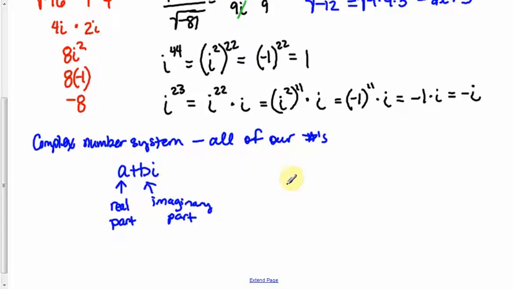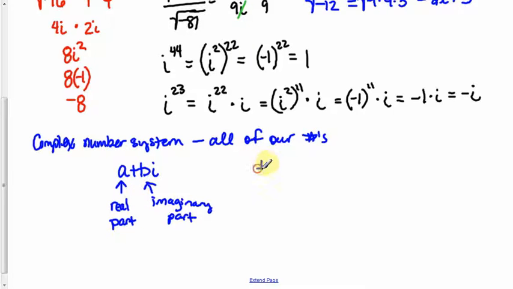You are probably wondering, how can something that's written as a plus bi be part of the complex number system, which contains rational numbers?